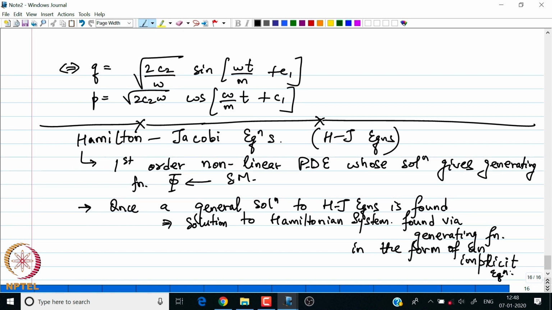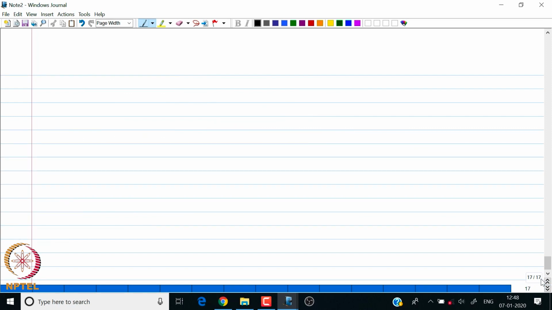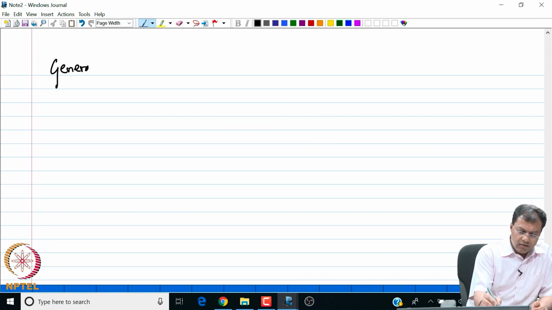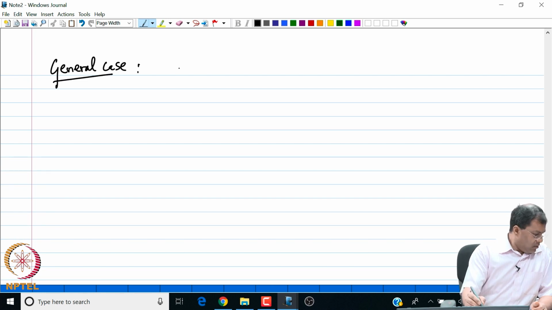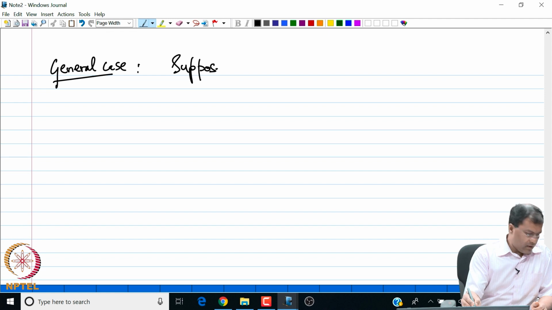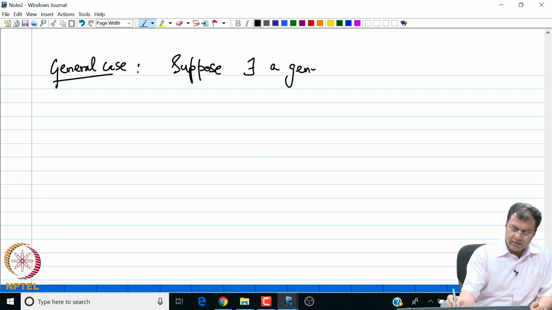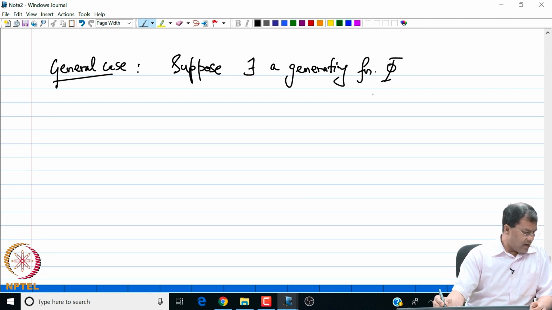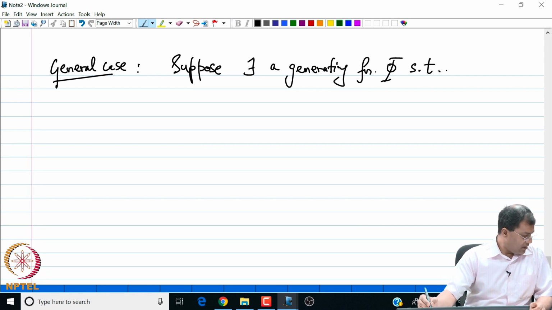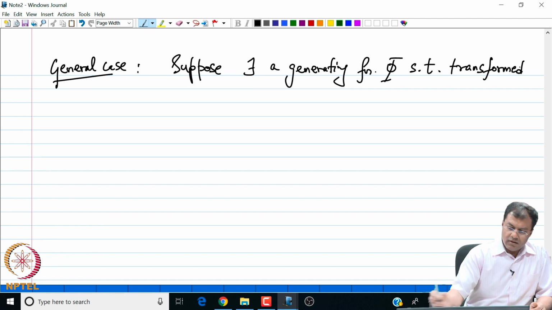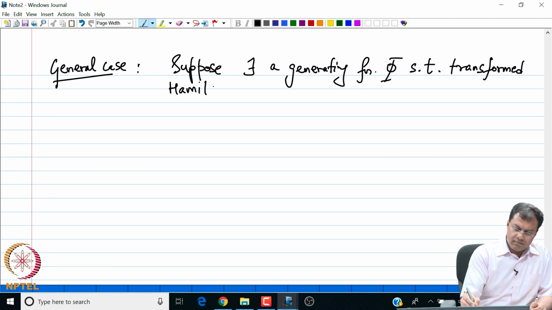So let me now describe this Hamilton-Jacobi equation. Let us see what this equation is. We are going to do that in the general case. Suppose there exists a generating function phi such that the transformed Hamiltonian H hat is 0.